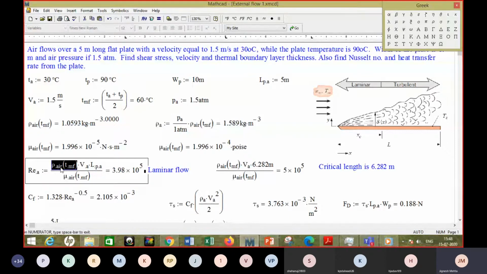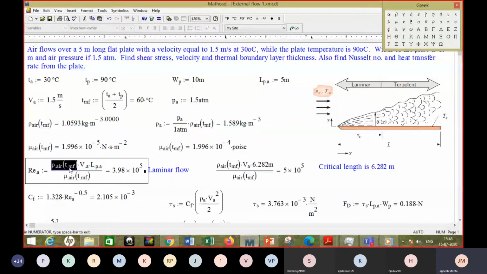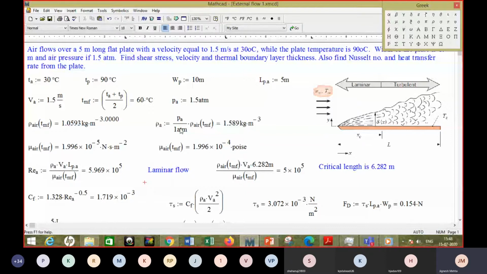In that case, I will have to maybe change the data also. If I take the density at 1.5 atmosphere, then this exceeds 5 into 10 raised to 5. Then the formula for CF will change. I think when I posted it yesterday, this mistake was there.